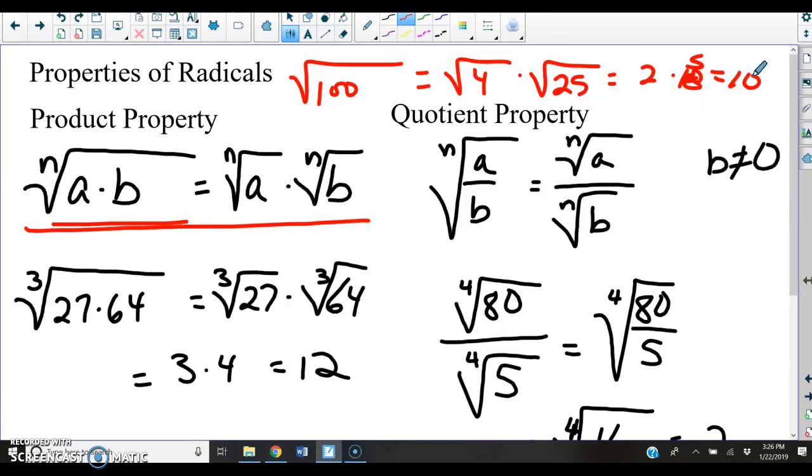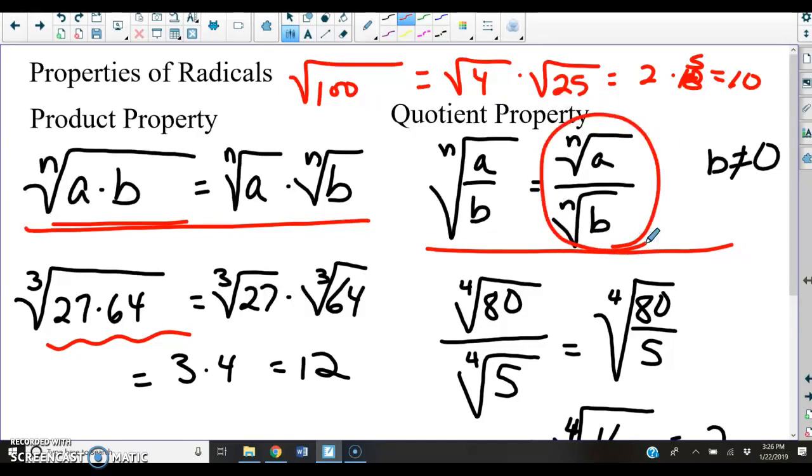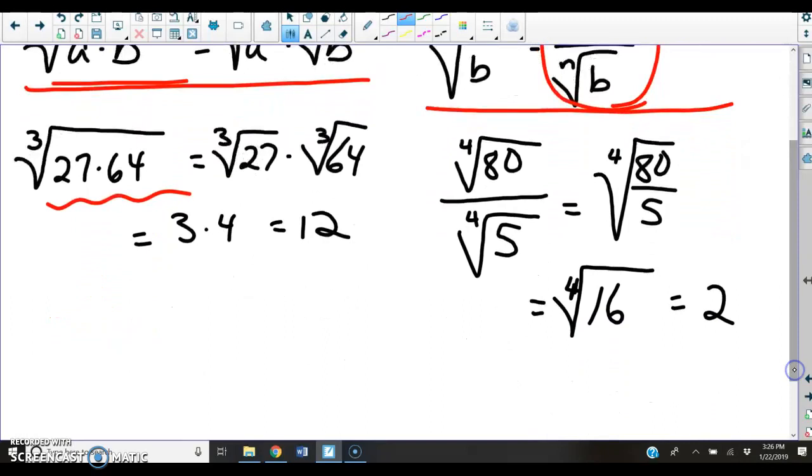Okay? And the same thing, here's an example for cube roots. Look at the quotient property for radicals. So you're nth rooting a quotient, a fraction. Well, you can root each part. Here's my example, the 4th root of 80 over the 4th root of 5. You could say, well, that's the 4th root of 80 over 5.